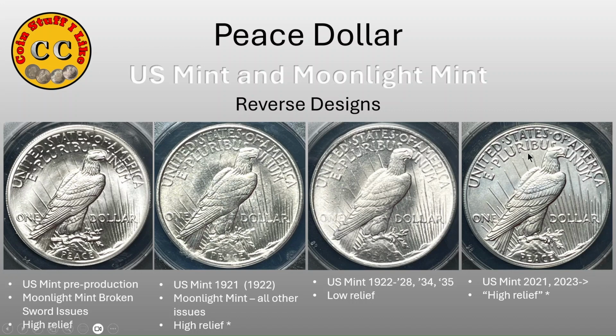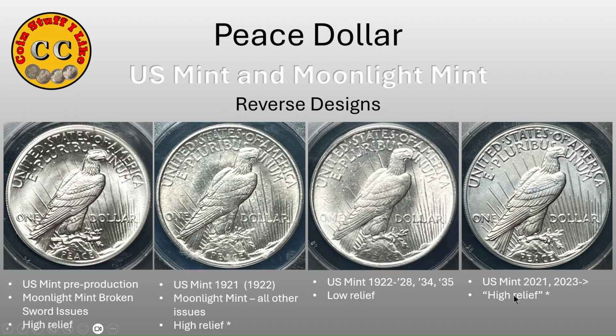And the U.S. Mint produced this reverse, which is very similar to the low relief reverse, except that it is quote unquote high relief. It's not necessarily the same high relief as the original, nor the high relief of Dan Carr's pieces.